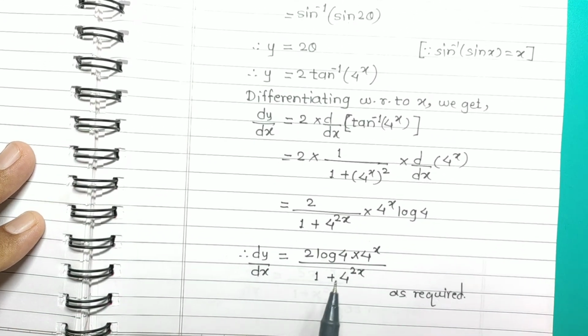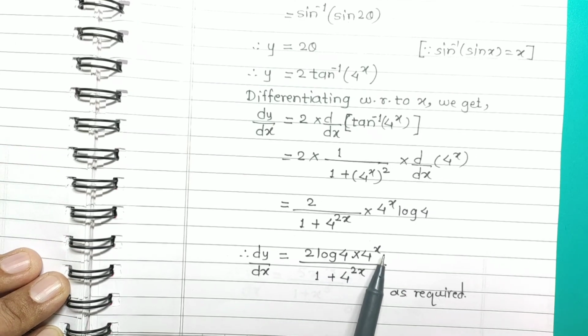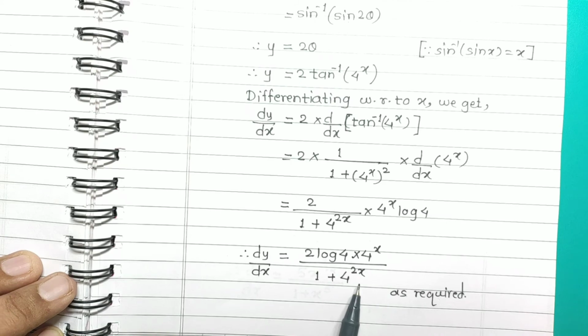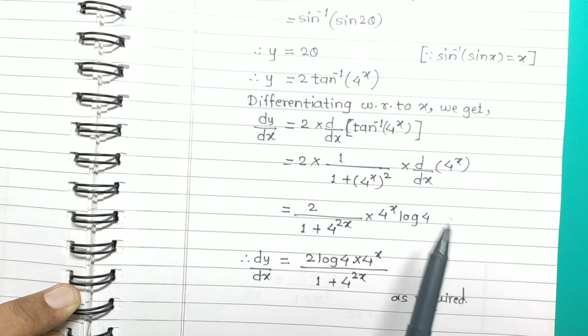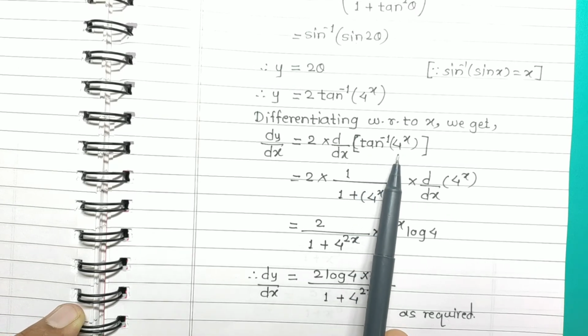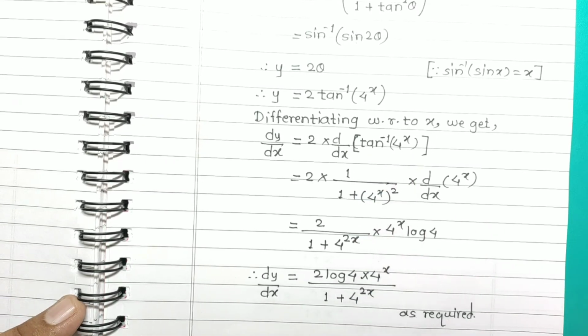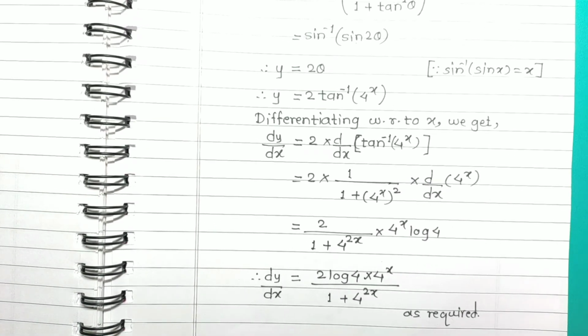So finally you will get dy by dx as 2 log 4 into 4 raised to x upon 1 plus 4 raised to 2x. Here you have to use the chain rule to differentiate tan inverse of 4 raised to x. So with these hints you try to solve these examples.